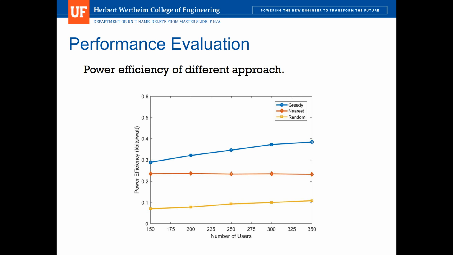It's because it also has a strategy for how to group the users and the readers, but it just considers the distance. It doesn't consider the power or the data or some constraints. So its performance is the second best, not as good as the gradient algorithm.